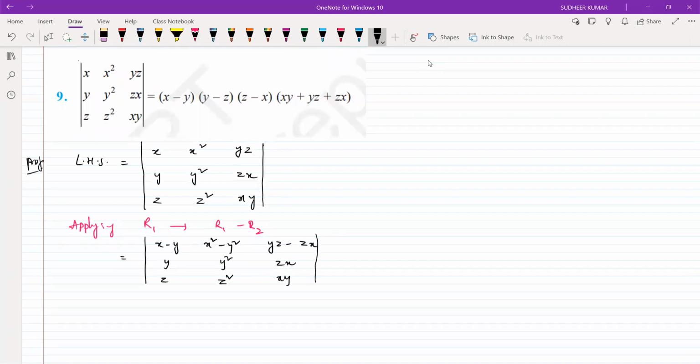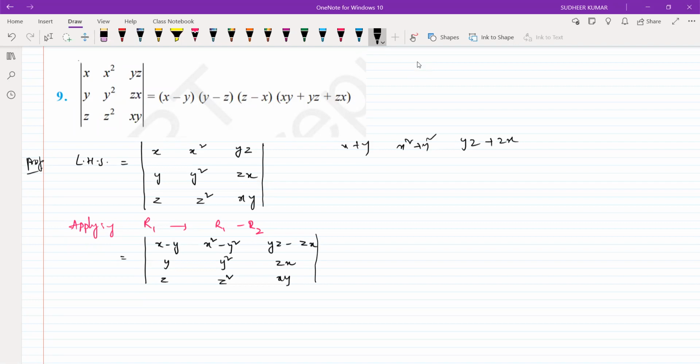Next, we can add R1 and R2 so that we can get... If you add R1 and R2, we will get x plus y in the first entry, x square plus y square next, then yz plus zx.